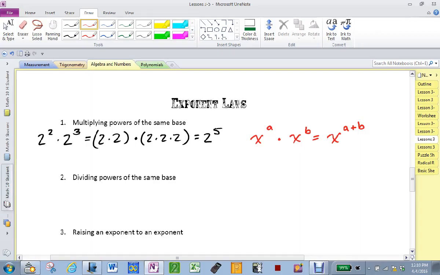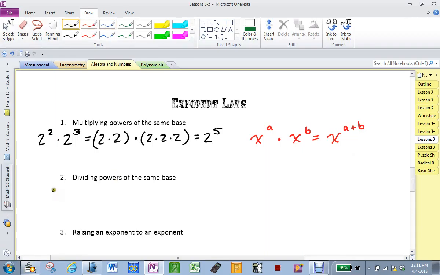You must say plus. Does everybody remember that? Did the base change? X, X, X. Did the base change? No. Only the exponent changes. Okay? Is there anybody that has not seen this before written with letters? Oh, thank goodness. All right.